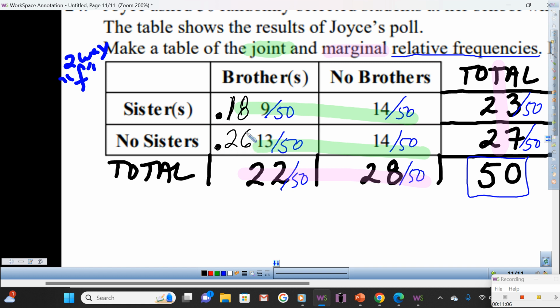So if we add those two decimals, 0.18 and 0.26, that should give us 0.44. Yes? All right, let's go to the next one. No brothers, 14 should give us 0.28. Is that correct? 0.28, and if we add those two, that's 0.56. So what is 0.44 plus 0.56? 1.